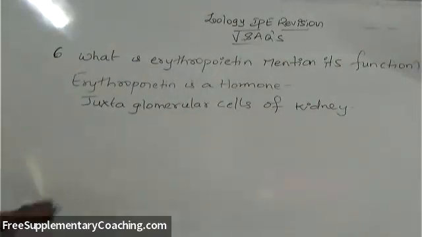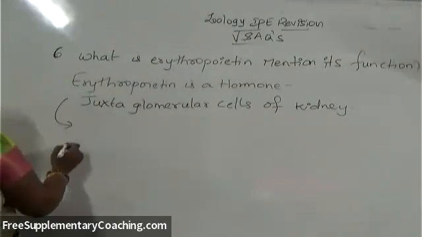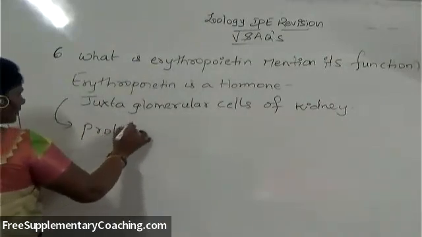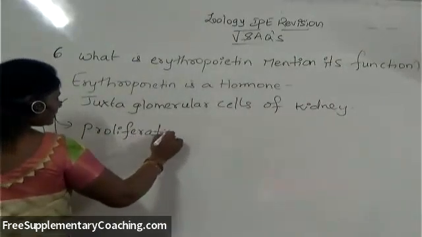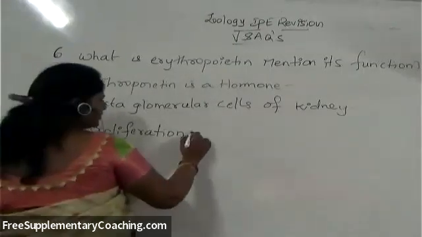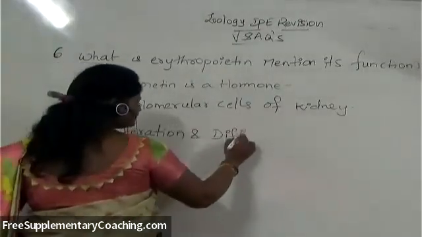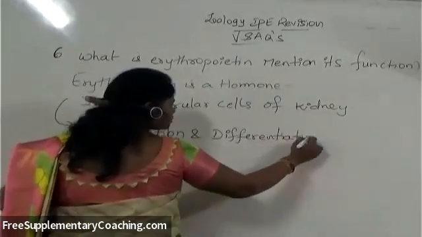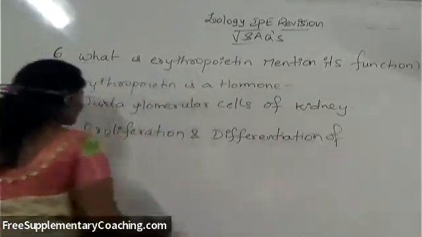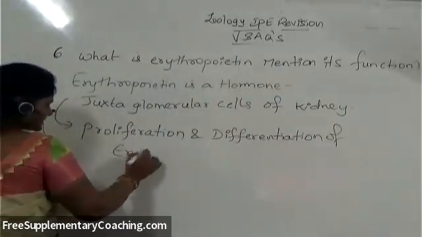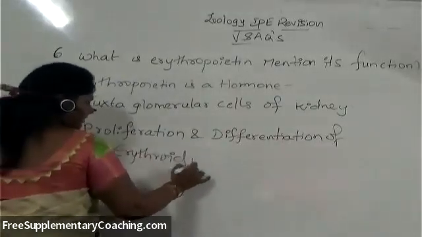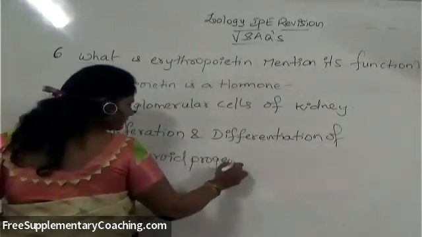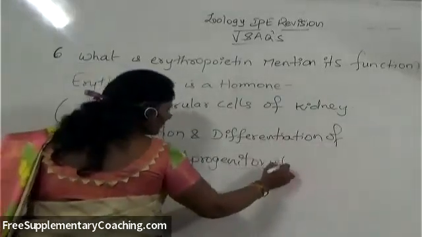So erythropoietin is mainly involved in proliferation and differentiation of erythroid progenitor cells. That means precursors. From these only RBC will be formed.